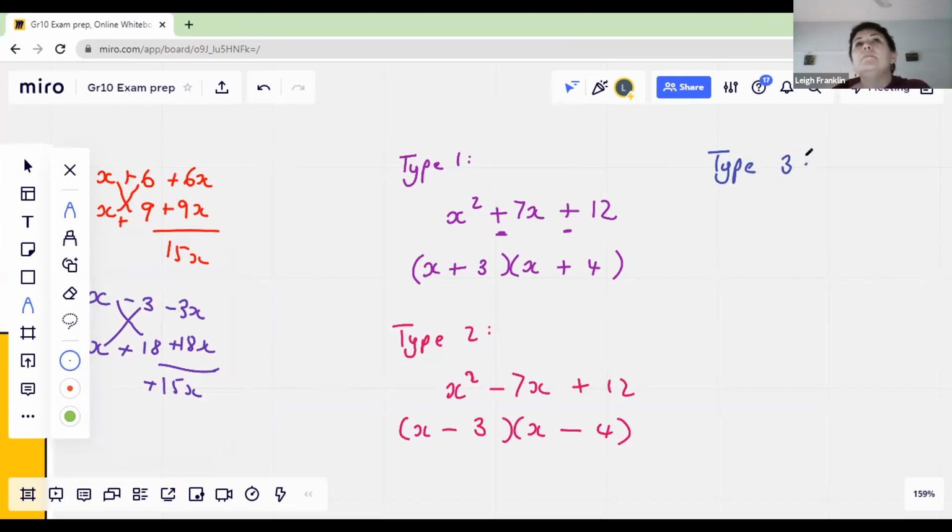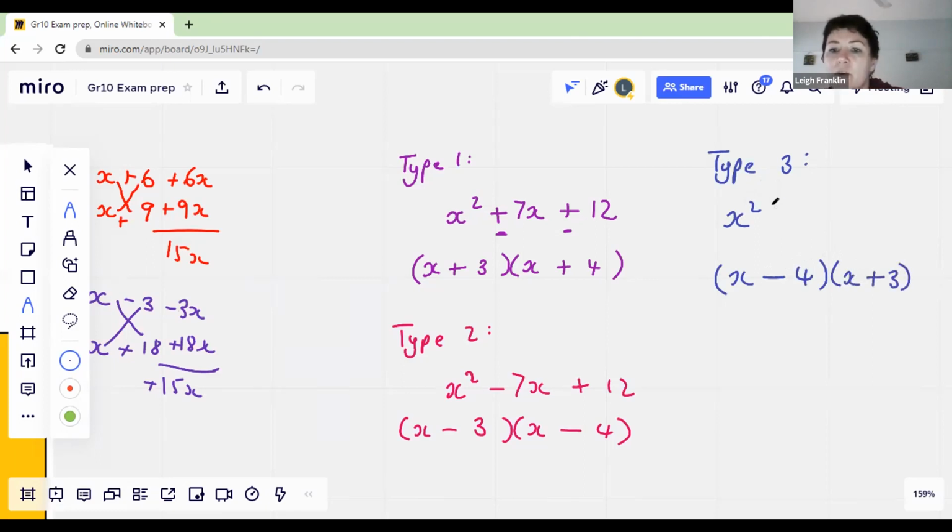And let's think about this carefully. So if I've got x squared, let's say I've got x minus 4, and then here I've got x plus 3.